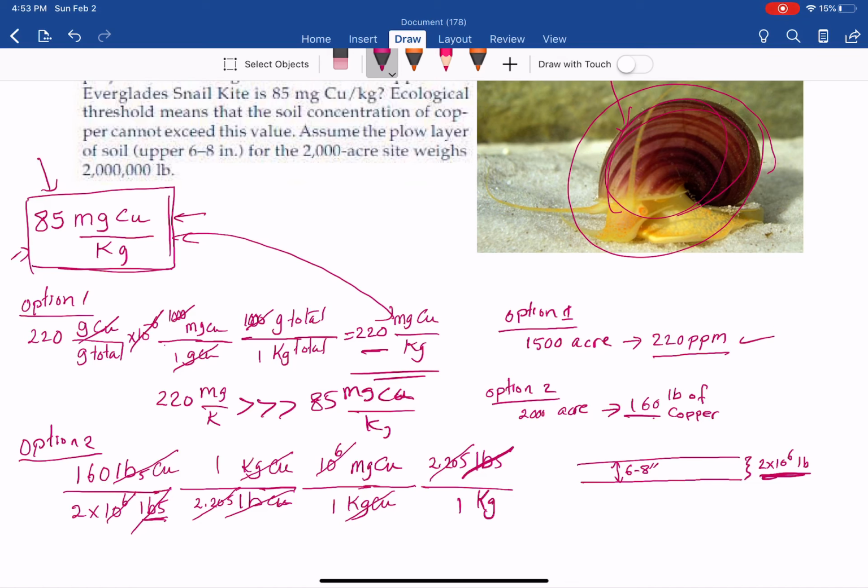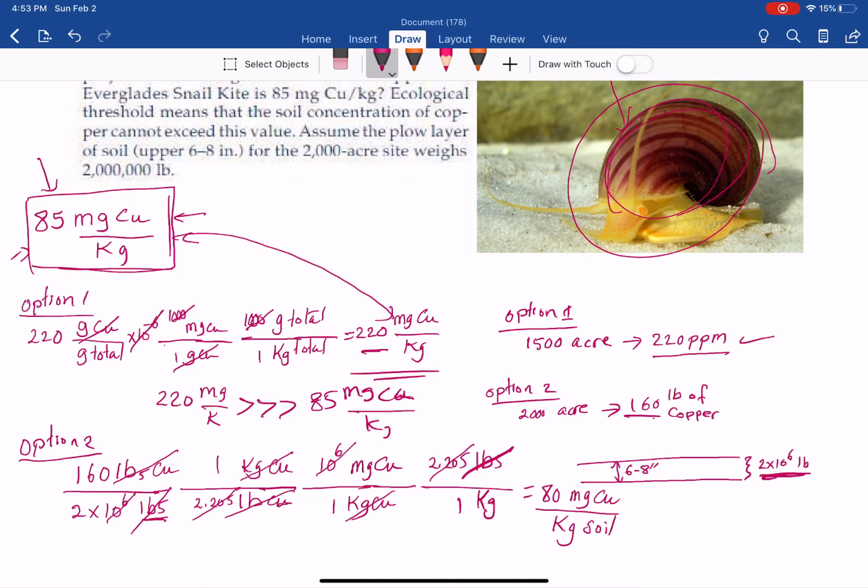So now it's 160 divided by 2, which is 80 milligrams copper per kilogram soil.